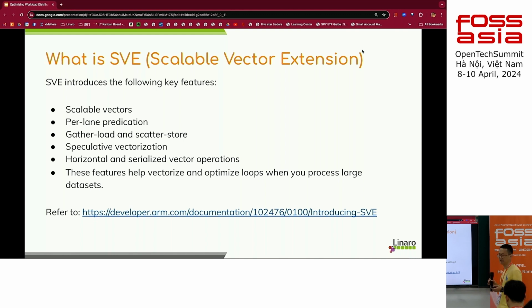The beautiful thing about SVE is that when you, as a software programmer, write your code, you don't need to care much about the actual vector length, whether it's 128 bits or 512 bits long. SVE provides the instruction mechanism to cover this for you.